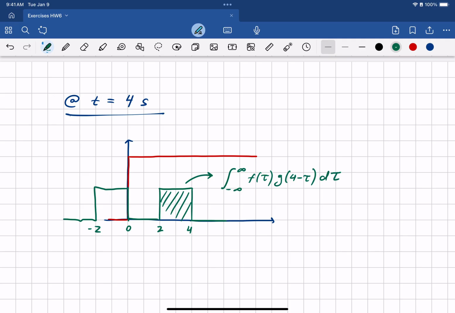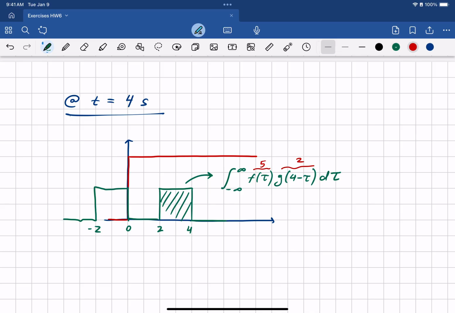d tau in this case is going to be the integral. f of t is going to be 5. g is going to be 2, right? And dt, now it's essentially when we have the pulse active, is going to be 2 seconds.